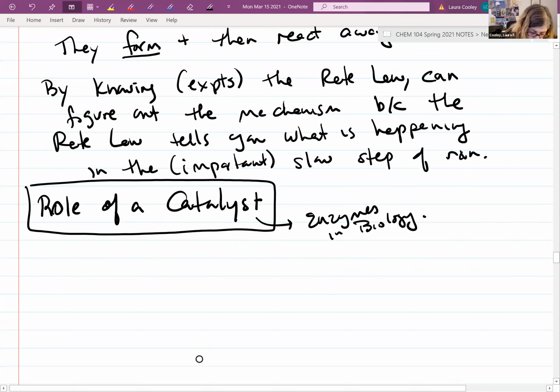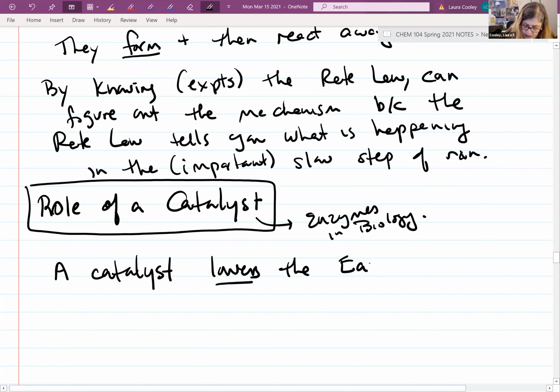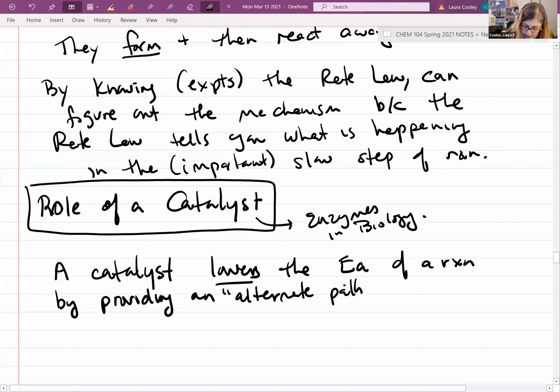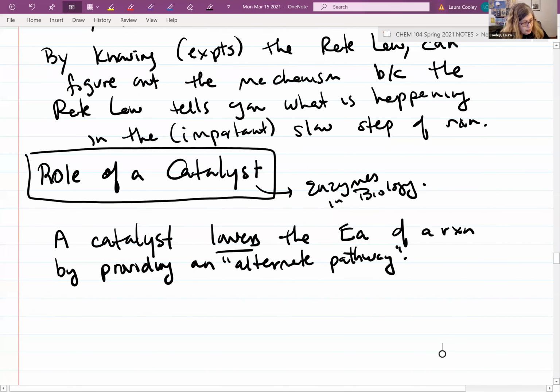And I will tell you that a catalyst lowers the activation energy of a reaction by providing what we call an alternate pathway, okay? And I'm going to show what I mean there.